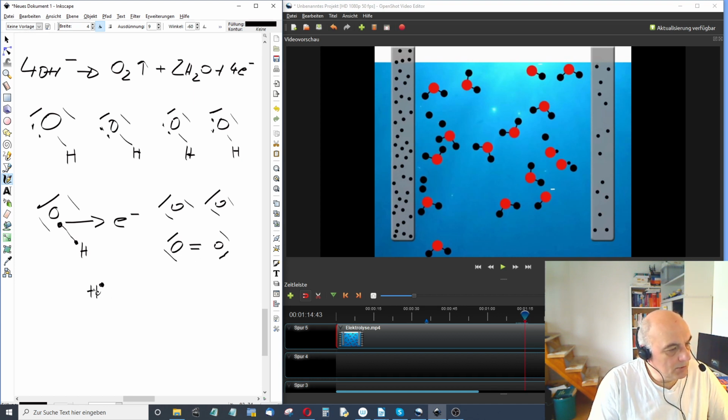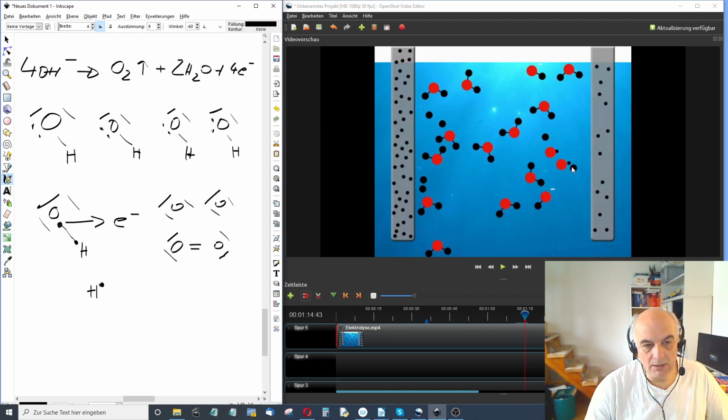And now something very interesting happens. The H here does not combine to another H. As you can see here, there are 2 H. Why don't they combine to each other and leave the water just the way they do at the cathode?